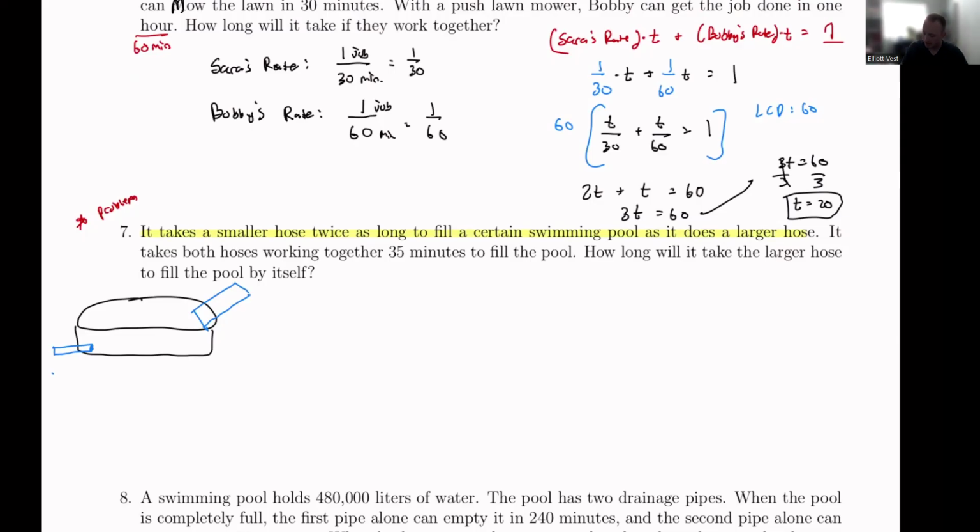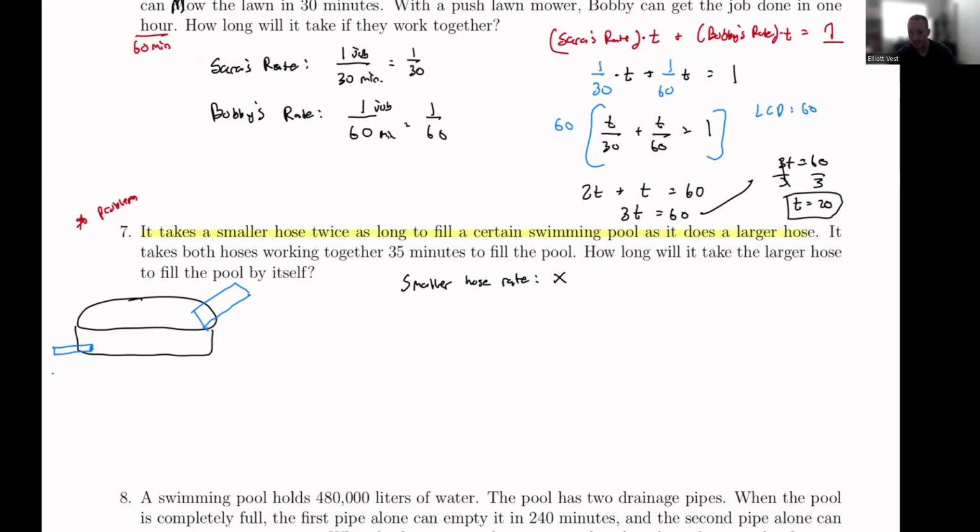The small hose takes twice as long to fill a pool, and then the large hose will take twice as fast. If both hoses working together takes 35 minutes to fill the pool, how long will it take the larger hose to fill the pool? Well, I don't know any of these rates here, but if it takes twice as long for the smaller hose, let's say the smaller hose rate is x here, right?